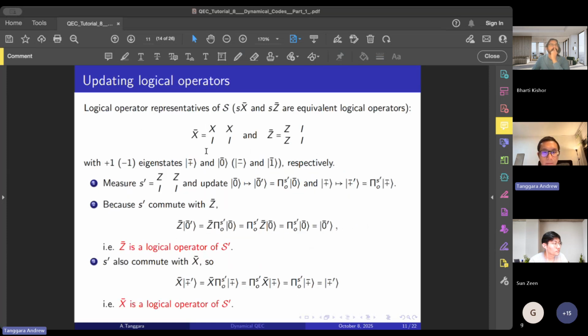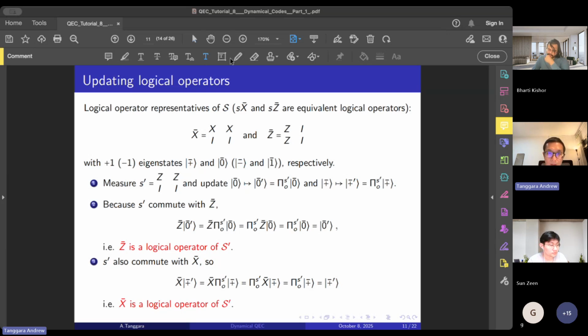So what does that look like? Actually, I want to go into one more thing. If you remember, these are the logical operators of the original 412 surface code. And these X and Z operators have logical plus and logical zero as their plus eigenstates, and their minus eigenstates being logical minus and logical one.